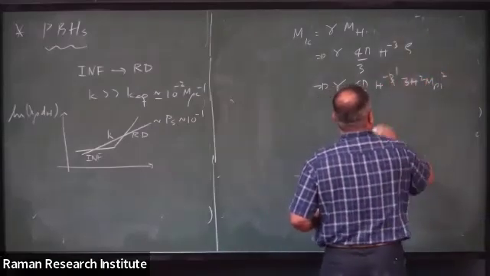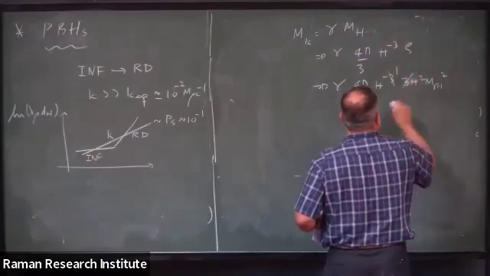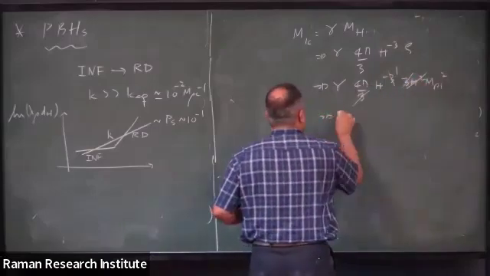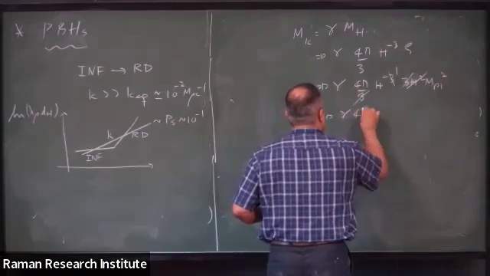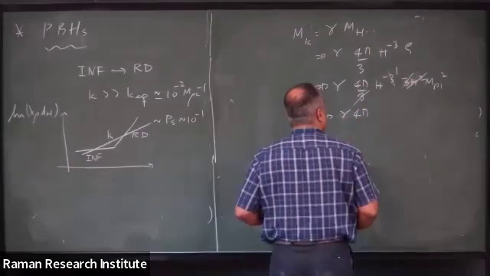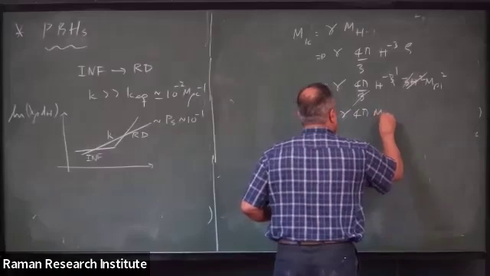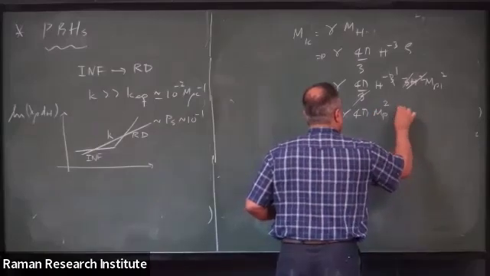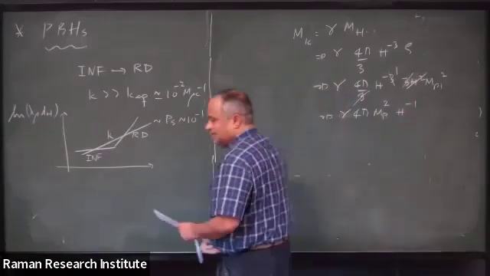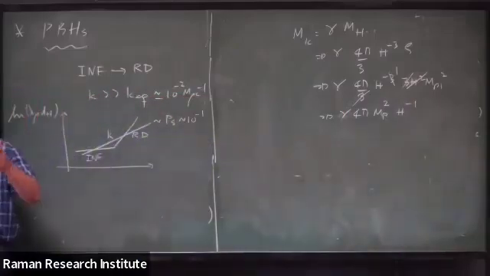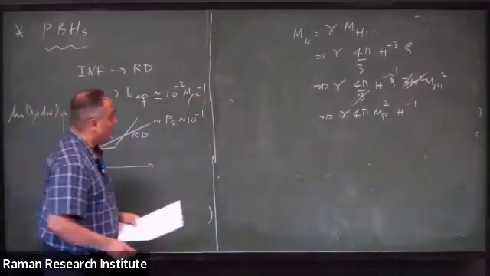So this becomes H minus 1, the 3 goes away, and I'm left with 4 pi gamma M_PL squared H inverse. This is the mass of this black hole that is supposed to form.